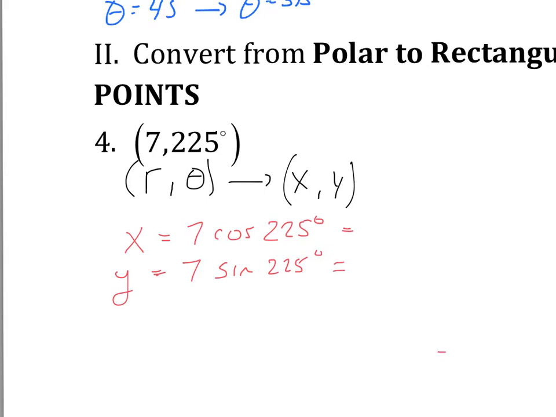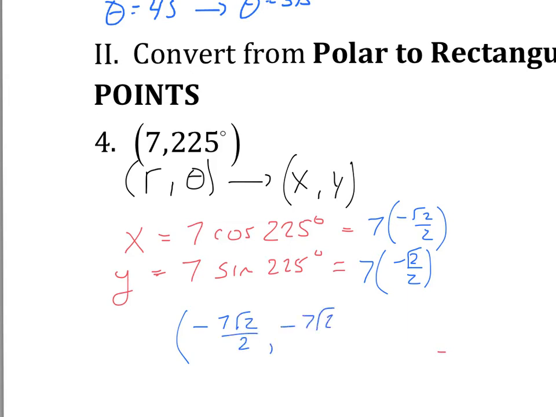This is in the third quadrant, that's where 225 is, so cosine and sine are both negative there. So this is 7 times negative root 2 over 2, and 7 times negative root 2 over 2. So the xy coordinate is negative 7 root 2 over 2, comma, negative 7 root 2 over 2.